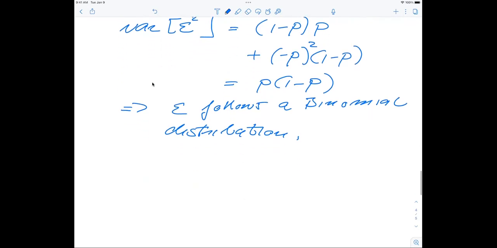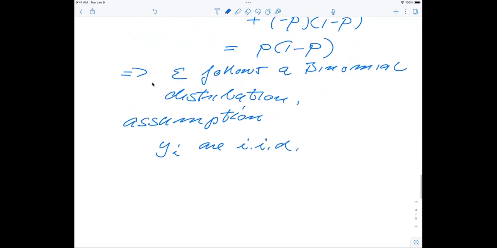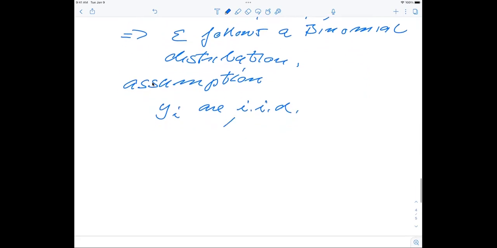So we're going to make an assumption now, and this is a pretty standard assumption. The y of i's are IID. So that means that they are independent, so the first one is independent. And these two words stand for and identically distributed.